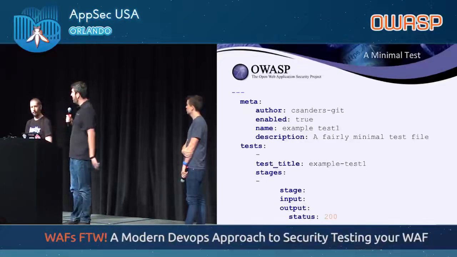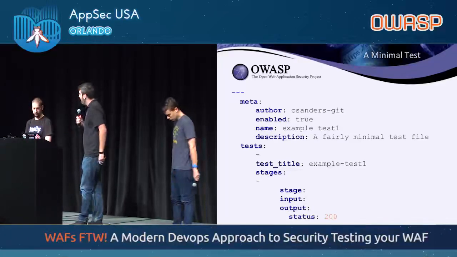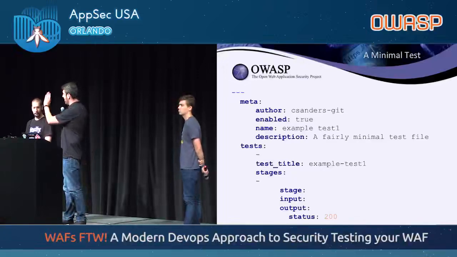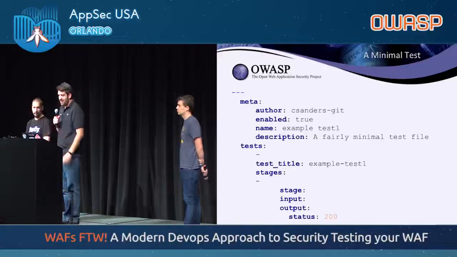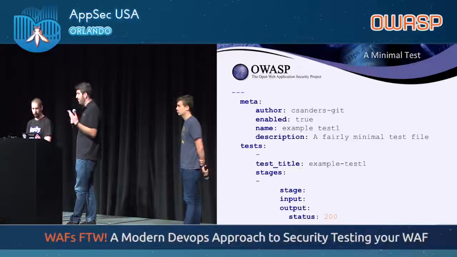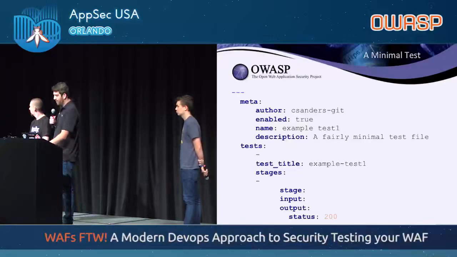The metadata that's listed there is optional, but I'm a big fan of documentation, as you might assume. The interesting thing to note is that the input area is blank. That means it's just going to send the base request, and the output area is a 200. This is a great test to make sure that your website is alive. That's excellent, but not particularly useful beyond that.